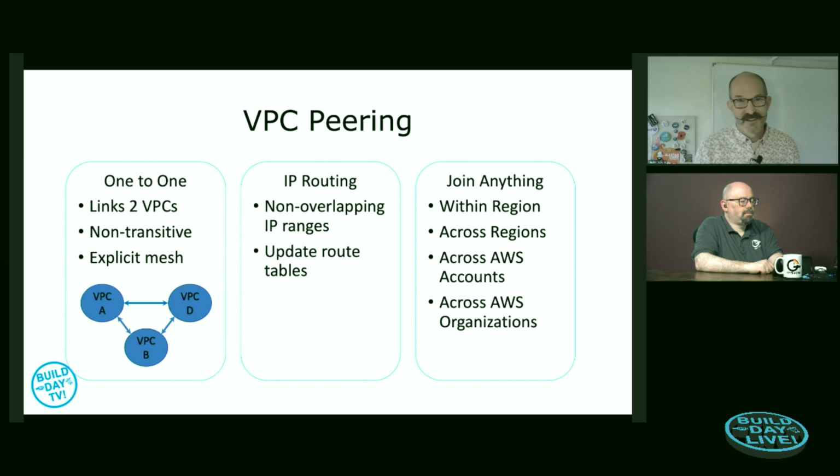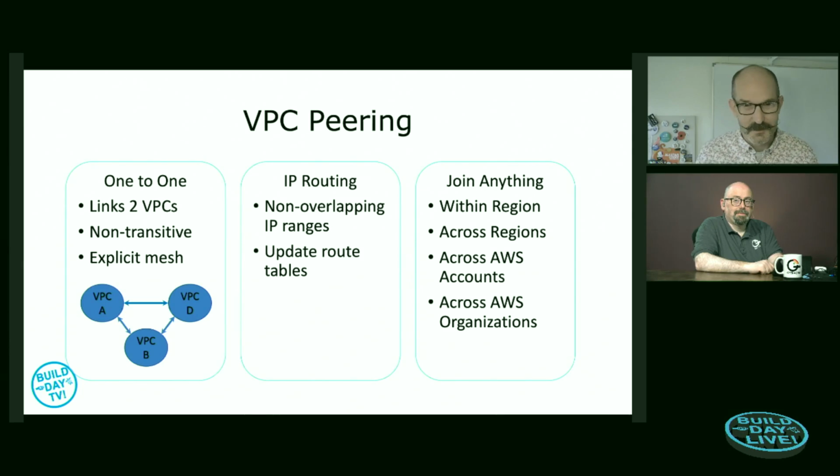We'll see this gets really complicated. Yeah, I can imagine not only being complicated, but also being somewhat problematic as you have non-transitive VPCs not talking to areas that you need them to talk to.